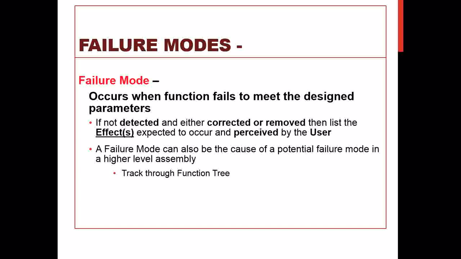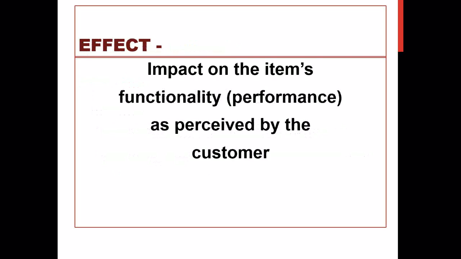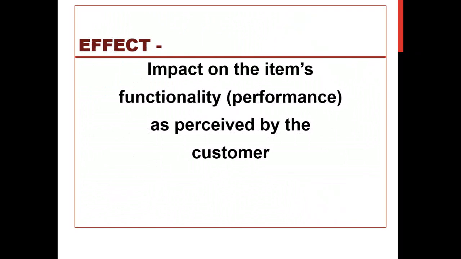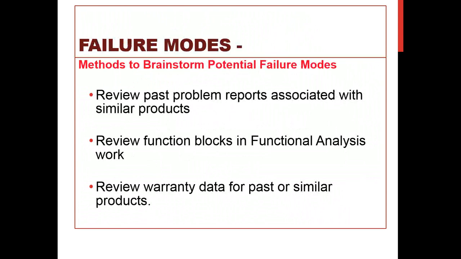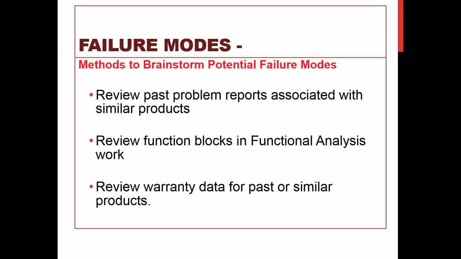Key thing we're wanting to figure out here is the failure modes. What could occur in the product or process that's going to create a perceptible problem that the user is going to notice? And when we look at that, we're looking at effects. So we want to understand, if not detected, either corrected or removed, will that failure then create an effect that is going to be perceived by the user?